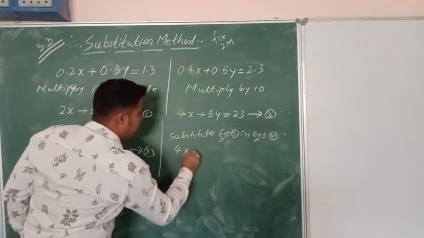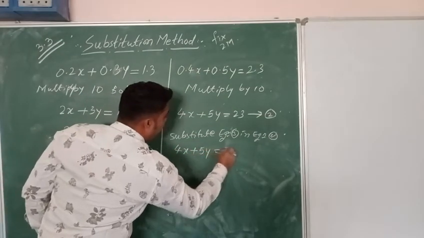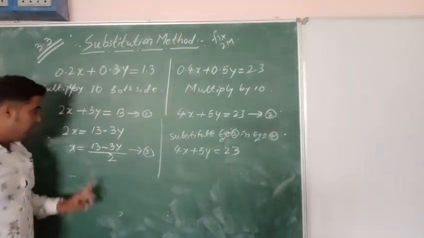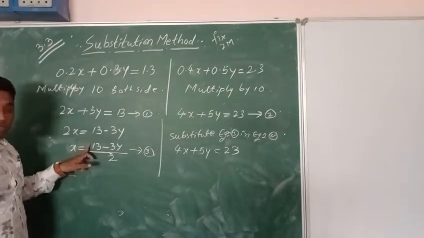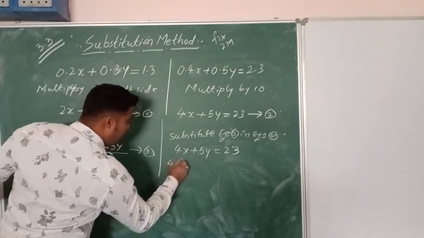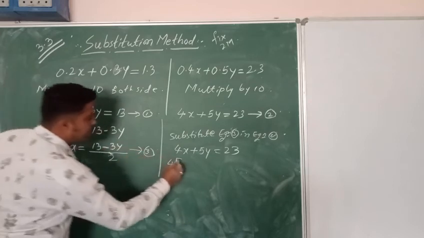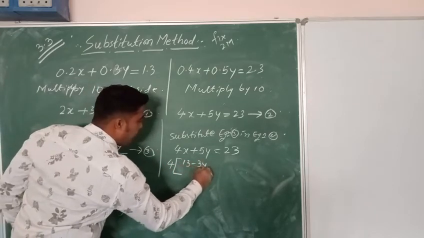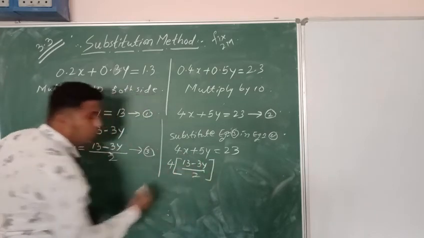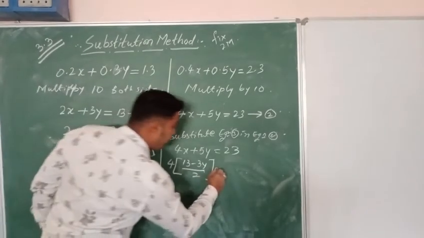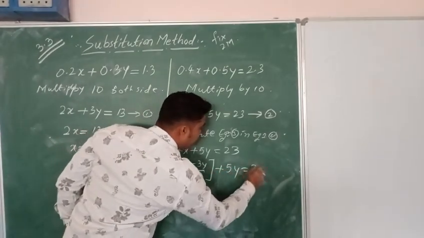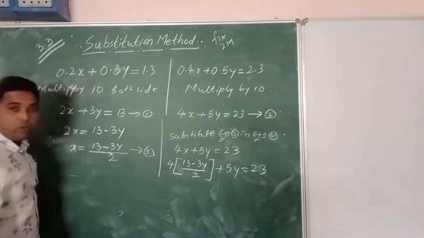So what is equation number 2 here? This is 4x plus 5y, which is equal to 22. Now wherever x is there, I am going to replace it. So it becomes 4 in the bracket 13 minus 3y divided by 2, plus 5y, which is equal to 22. Now what will be the next step?